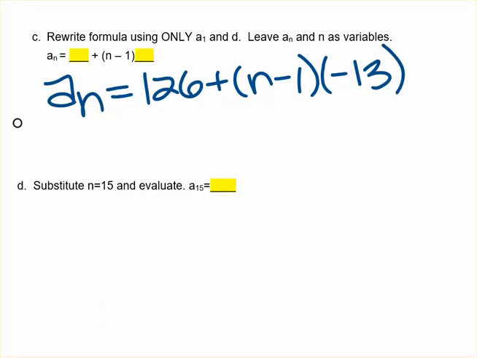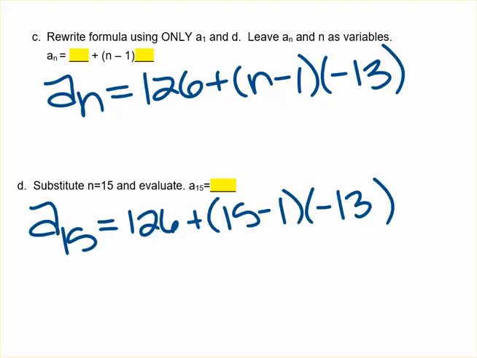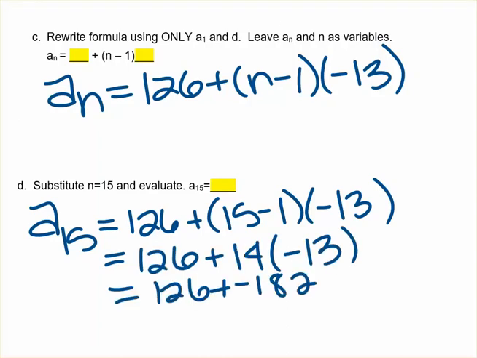Then we can use that in step D to find our 15th term. So a sub 15, we're going to have 126 plus 15 minus 1 times negative 13. So 126 plus negative 182 tells us our 15th term would be negative 56.